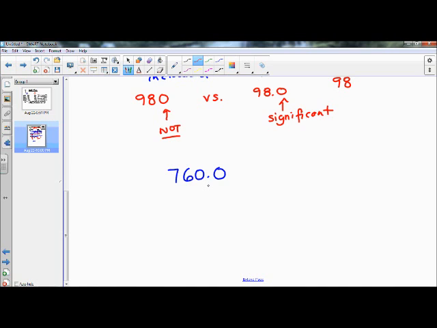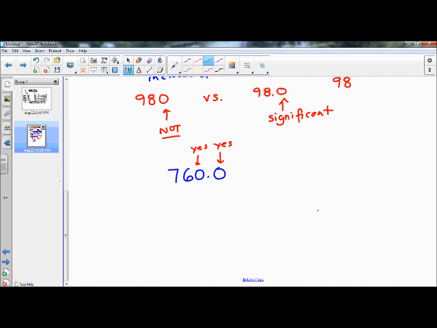What matters is the presence of a decimal point. So both of these zeros are significant. They occur at the end of the number. So this one is significant because this is not the point of least certainty. This is the point of least certainty. Okay, but we don't have any information past this point. So these are both significant figures.